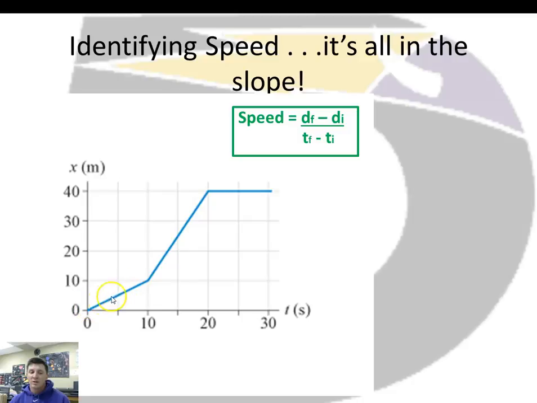So here, the object is traveling fairly slow. At the next slope right here, the object is traveling faster. And if we get a flat line, that means it's not moving at all. So keep in mind that the slope will determine how fast that object is moving. Basically, the steeper the slope, the faster the object moves.